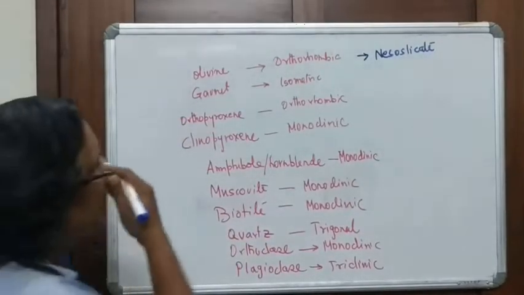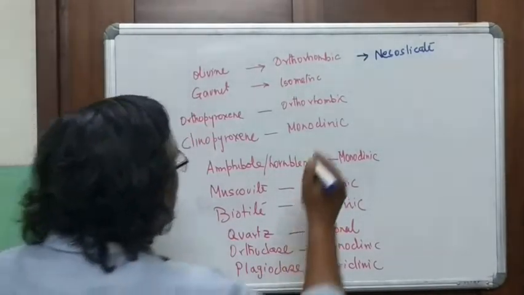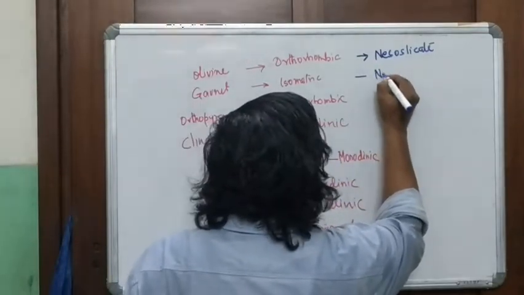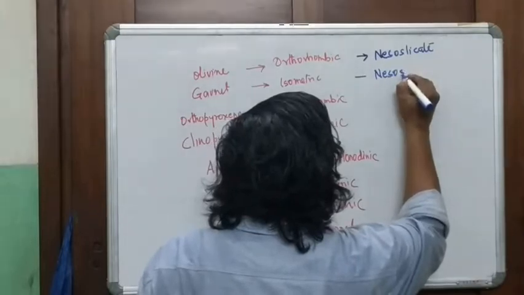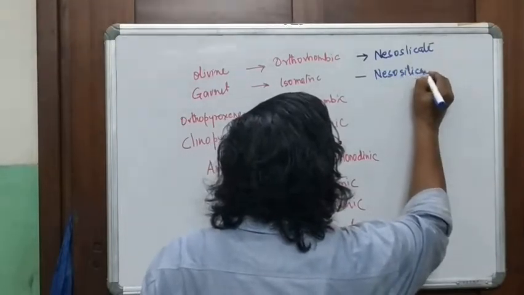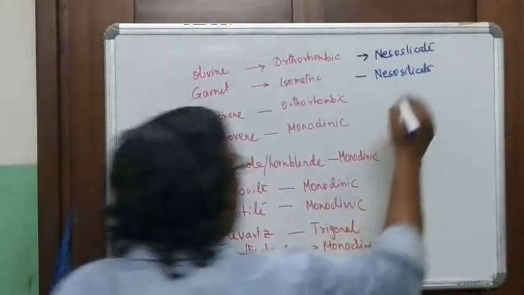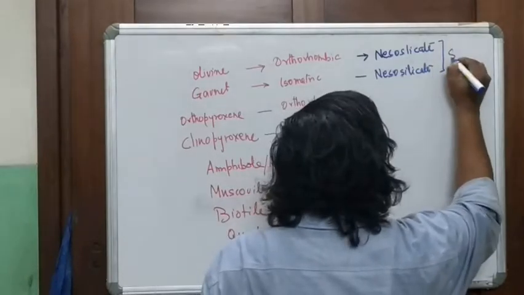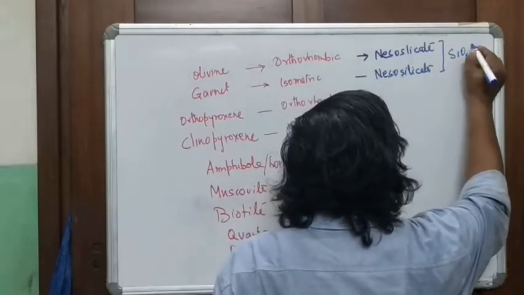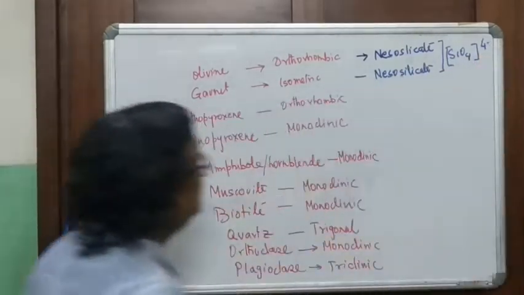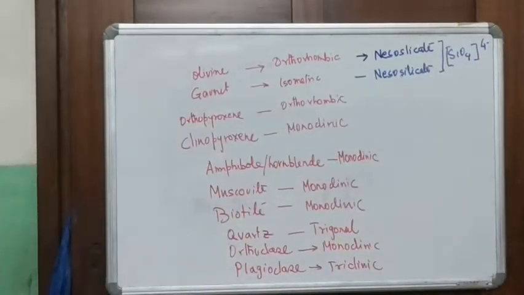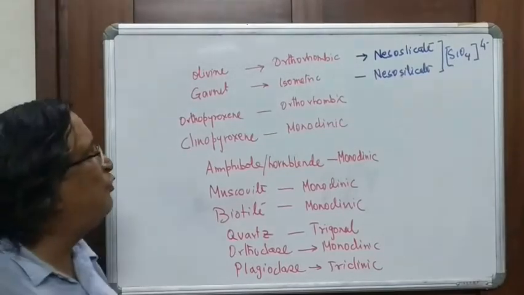Then, for example, garnet is also a nesosilicate. In both cases, the basic building block is SiO4 4-.